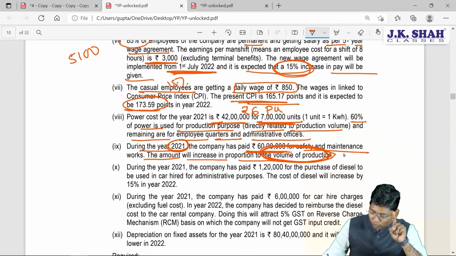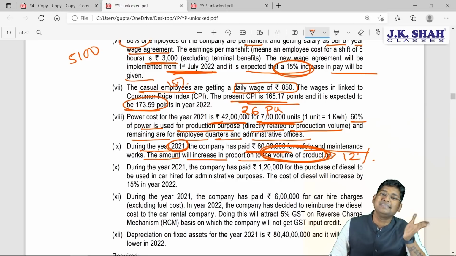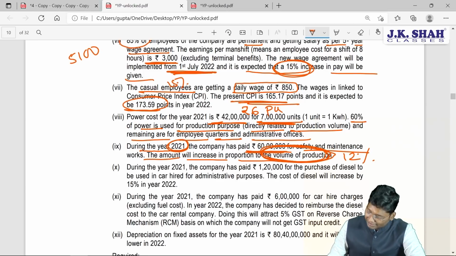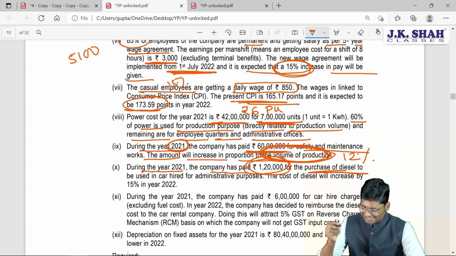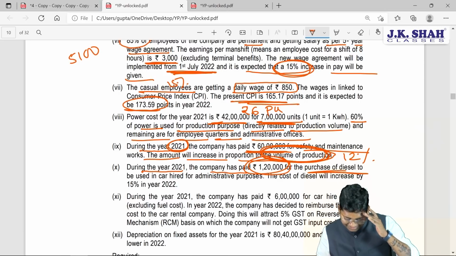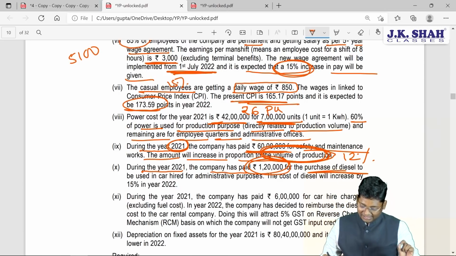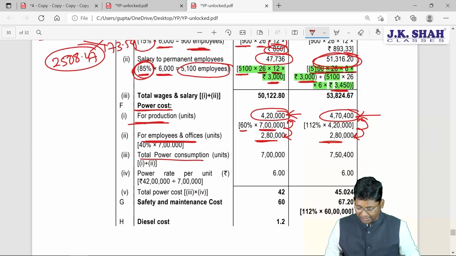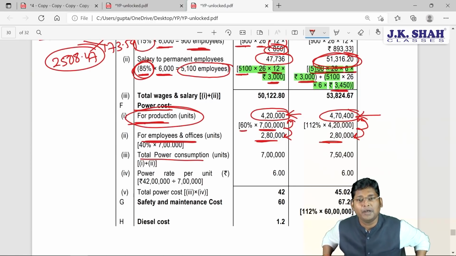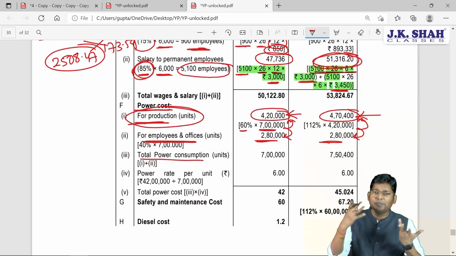In the same proportion, it is going to get increased, meaning it is increased by 12%. Then during the year 2021, the company has paid 1,20,000 for purchase of diesel. This is the diesel cost and other information is given. So it is clearly mentioned that whenever you are using power for production purpose, that will increase in proportion to the production units.